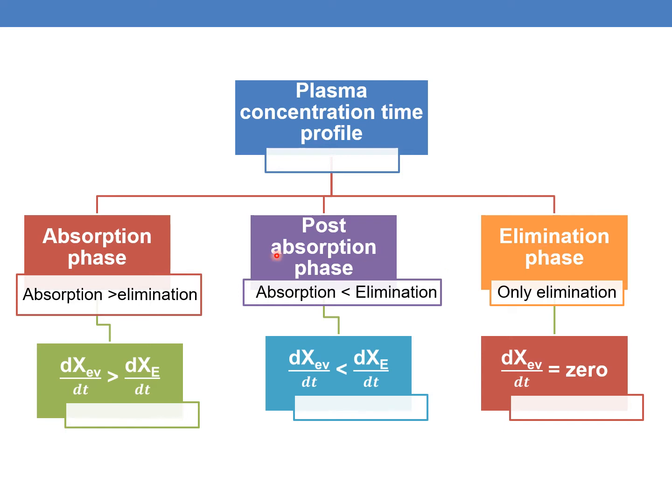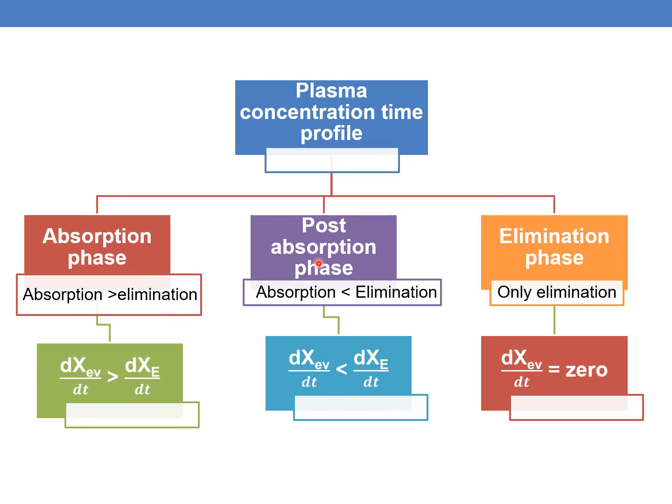During the absorption phase, the rate of absorption is greater than the rate of elimination, so dXev/dt is greater than dXE/dt. After the absorption phase, a peak plasma concentration is achieved at which rate of input equals rate of output. That we will discuss in the graph.